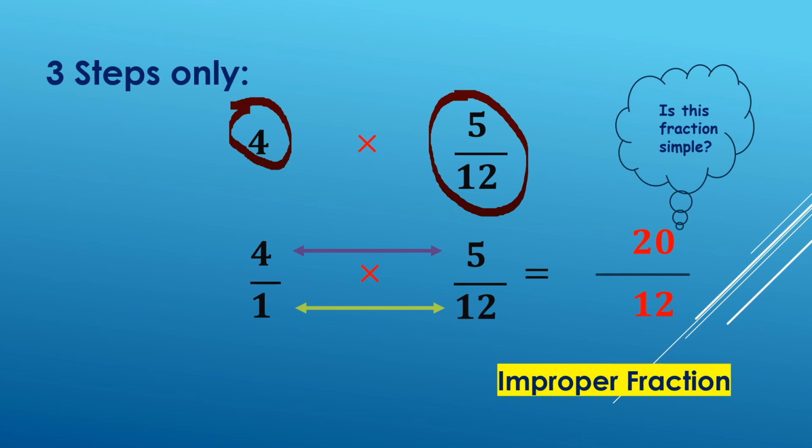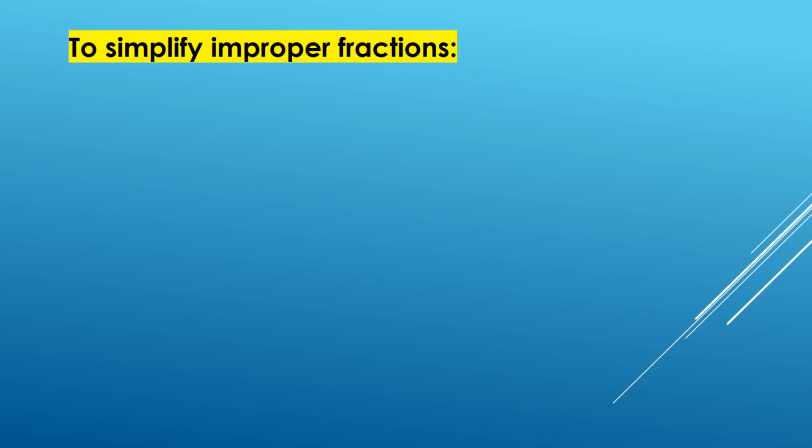Look at the numerator, it's 20, and look at the denominator, it's 12. 20 is bigger than 12, so I cannot keep it like this. That's why I call it an improper fraction. So what do we do? Take your math notebook or the whiteboard marker and let's simplify an improper fraction.